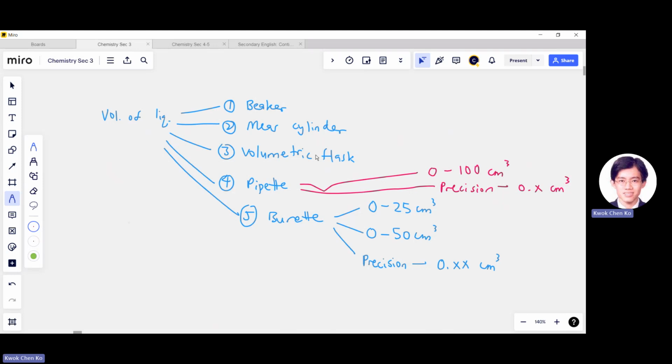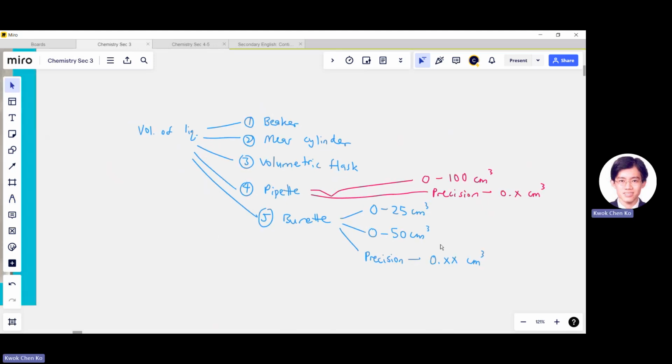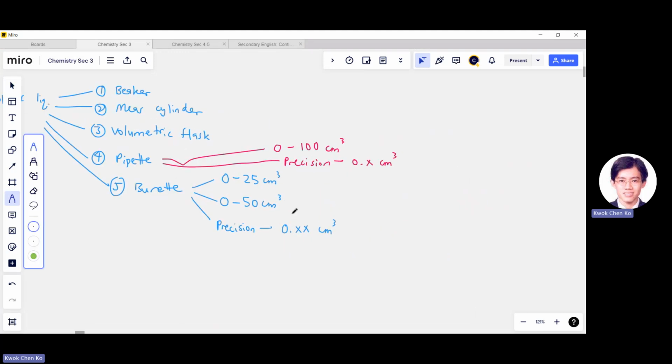But what else? There's something important about the pipette, or at least based on your syllabus. No doubt I put the range as such, but they are fixed at certain volumes.